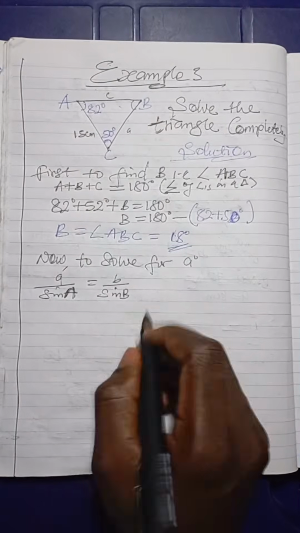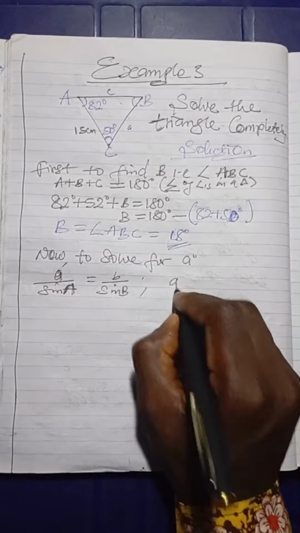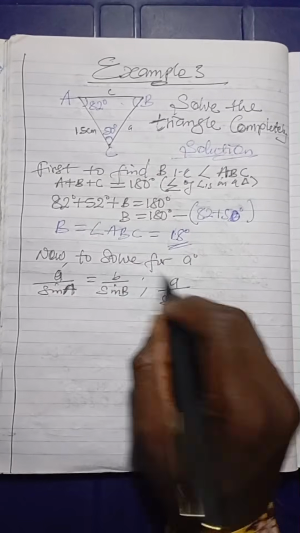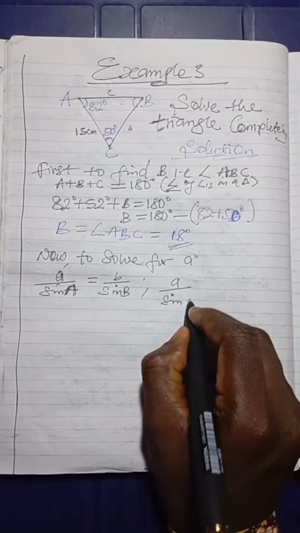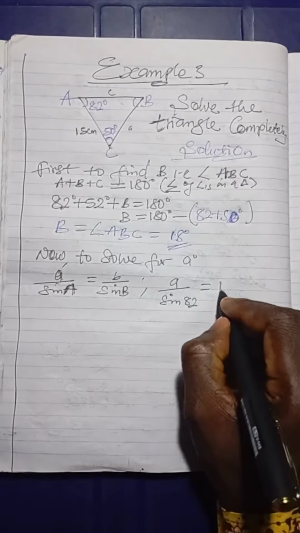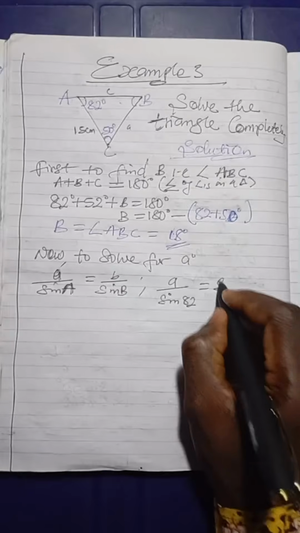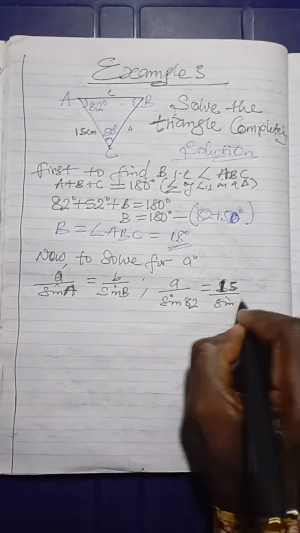So when we substitute, I'll have a over sine 82 equals b, which is 15, over sine 48.